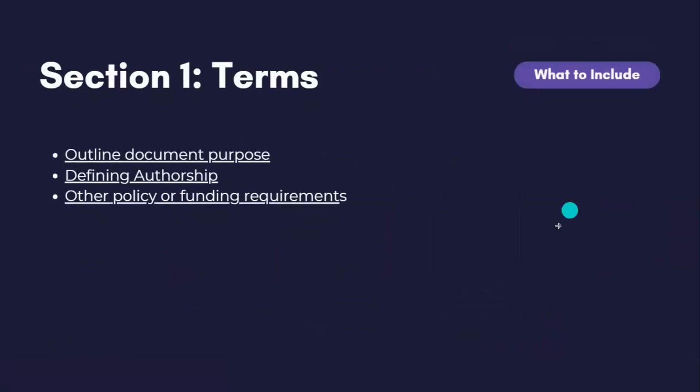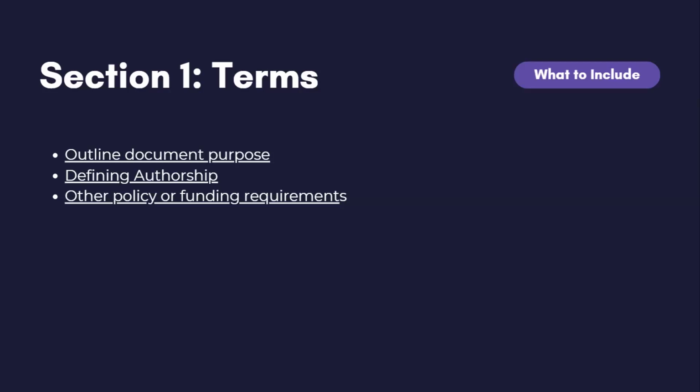So to give you an idea of what should be included, I've broken it down into 5 separate sections. So the first section is terms. So what are the terms of the agreement that you are all coming together on first? So first of all, I would provide an outline of the document purpose, and I'm going to show you an example in a minute.